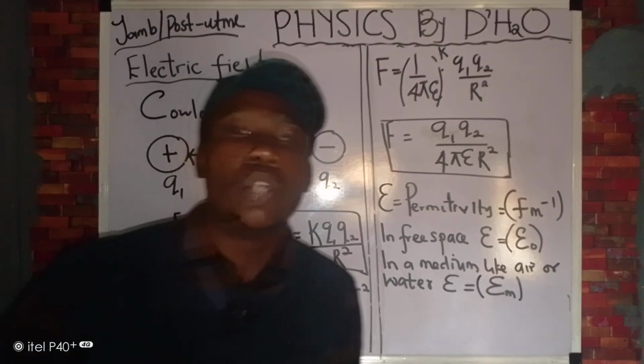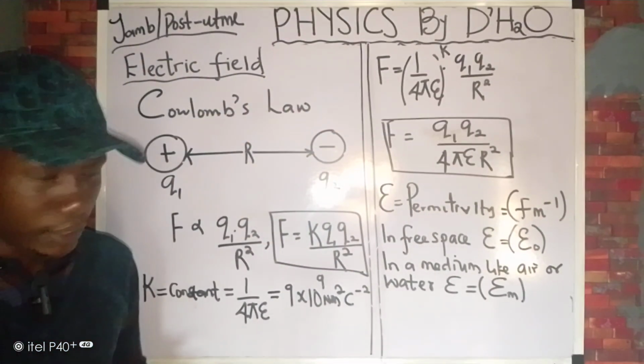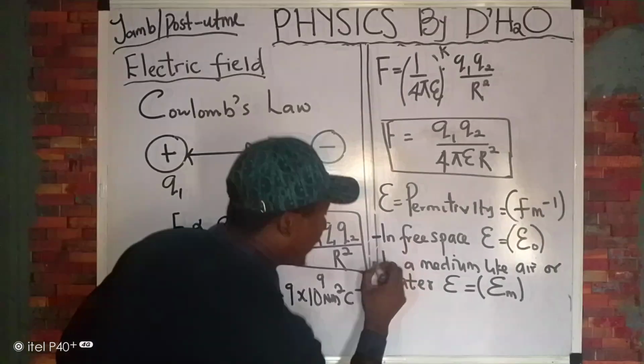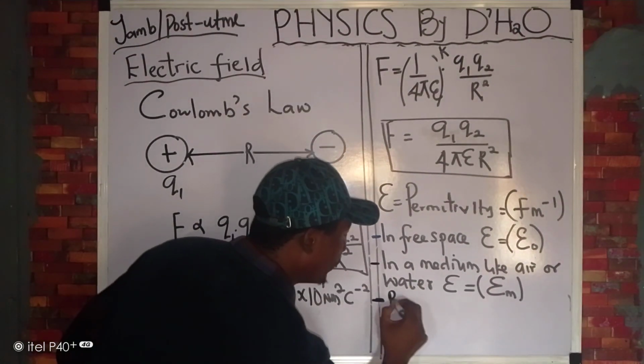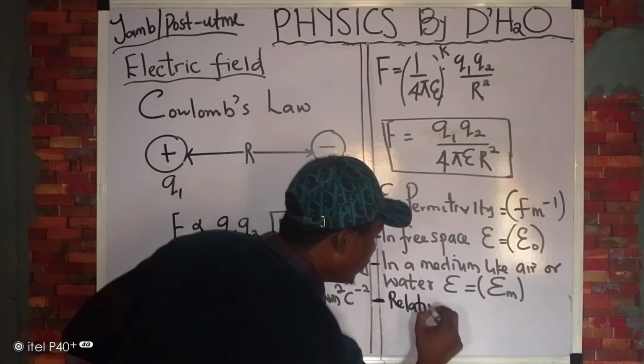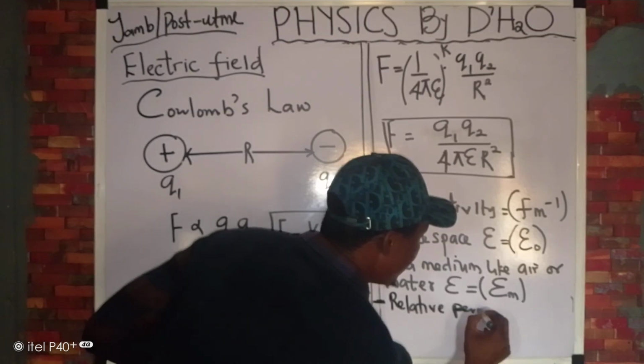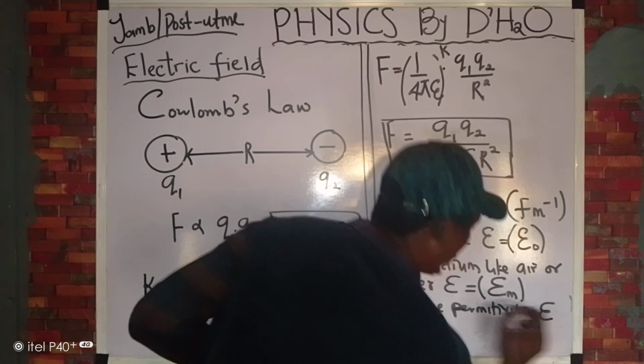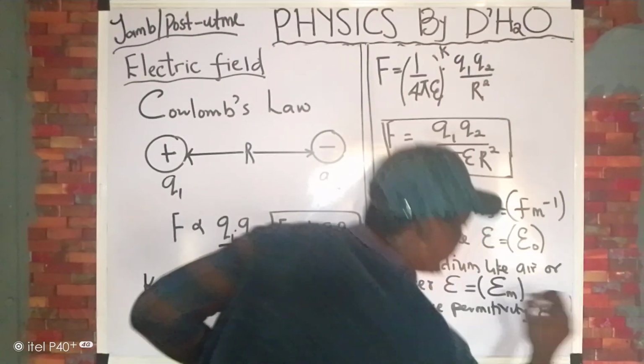Again, we have what we call relative permittivity. Yes, there's what we call relative permittivity. Relative what? Permittivity. What does it mean? First of all, the symbol is permittivity arrow.